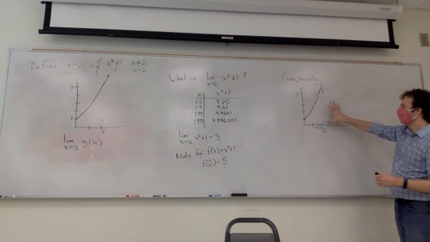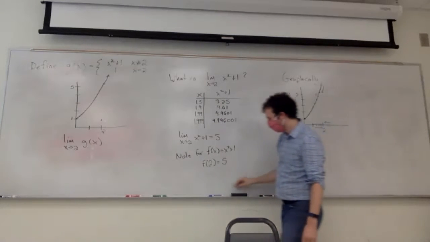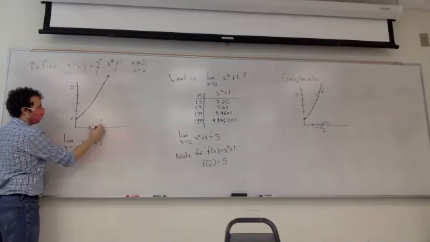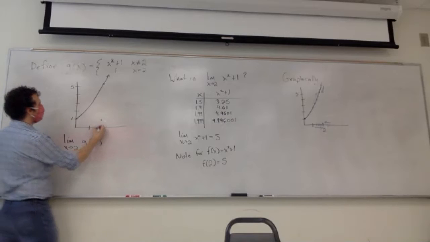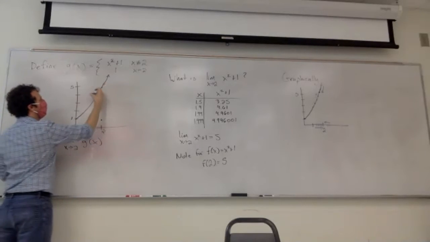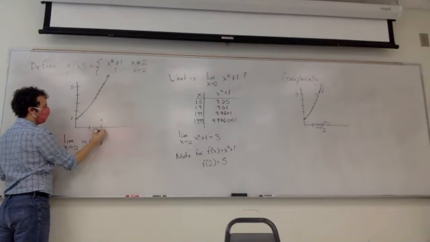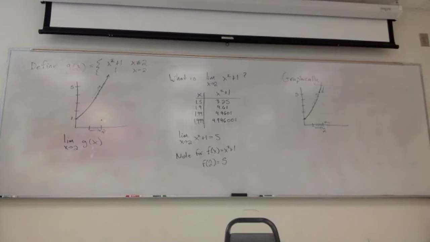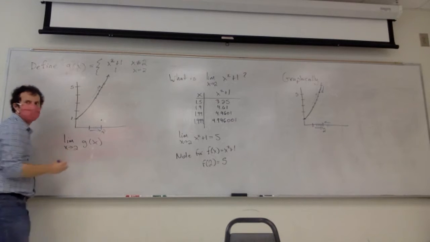Because mirroring this picture, what we're saying is, pick x's close to 2, look at the corresponding points on the graph, and as you let those x's get closer, what's happening to those heights? They're getting closer to 5. This is that anomaly.